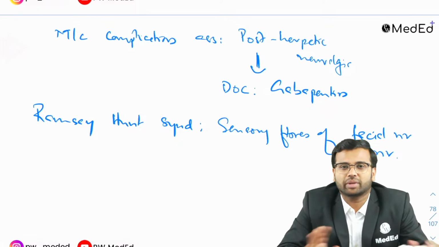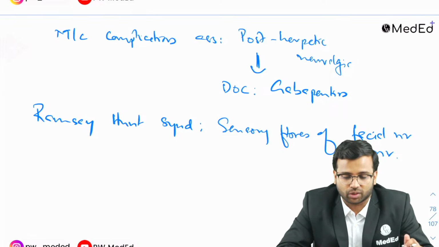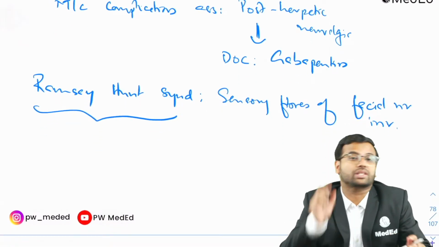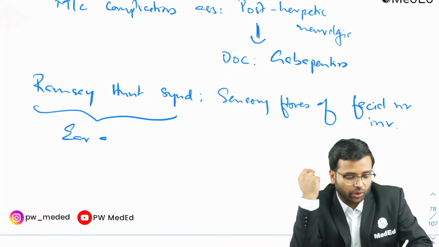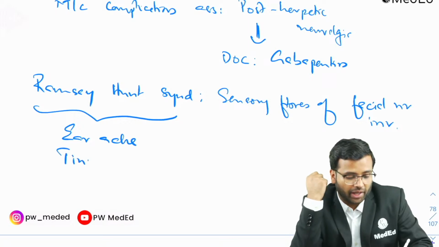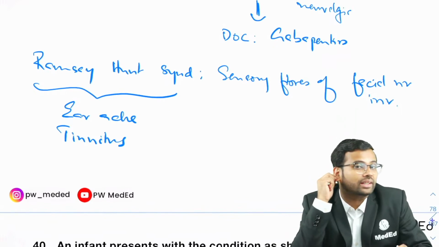So does anybody remember the triad, or the three findings, in Ramsay-Hunt syndrome? The patient is going to have a severe earache. The second one, the patient may complain of tinnitus, isn't it? And once you examine the ear canal, what can you see?